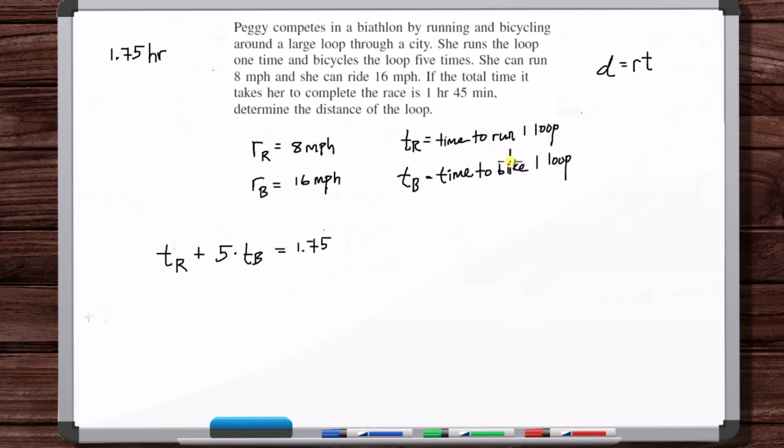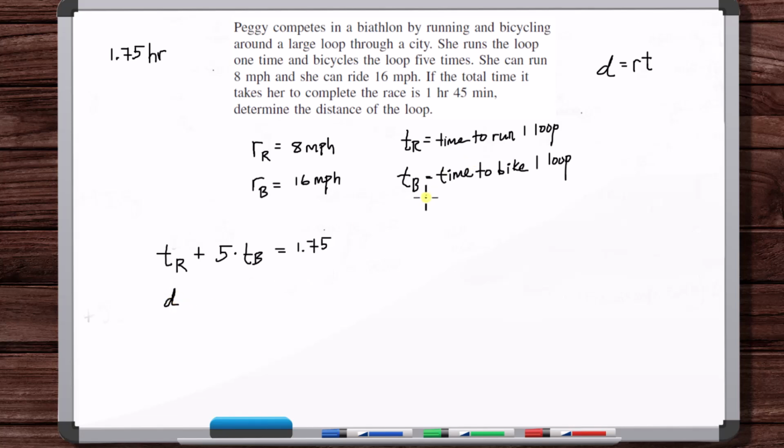Okay. So now what is time? It's distance divided by rate. Okay. But what's going to allow us to solve the problem is that the distance of the loop has no relation to biking or running. So the time to run, the TR, right? Remember, this TR and TB is defined in terms of one loop. So what is TR? Distance divided by rate.